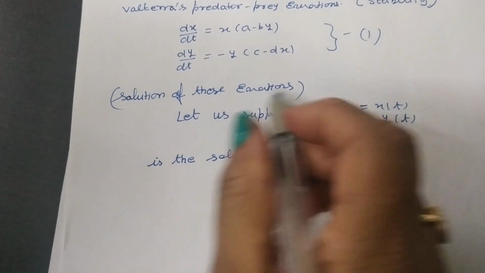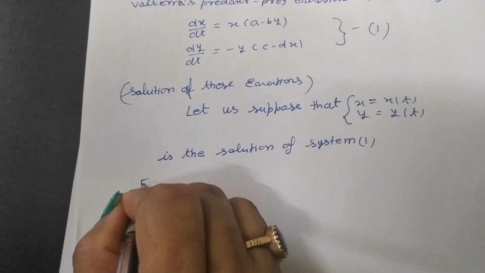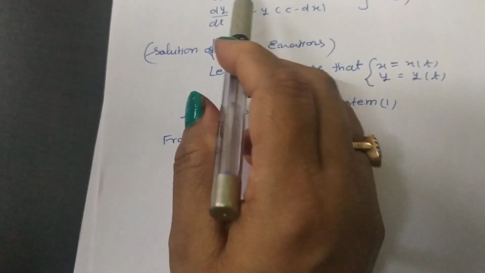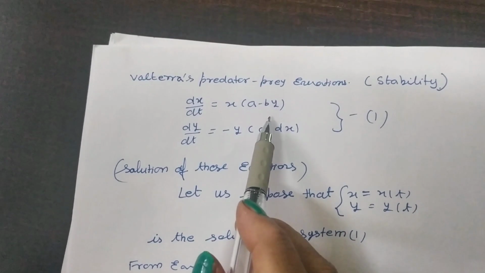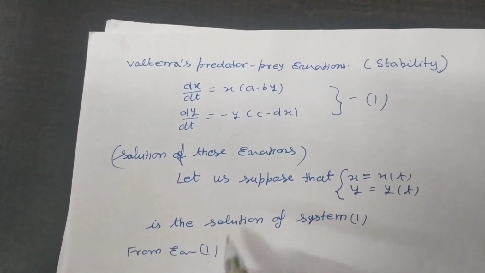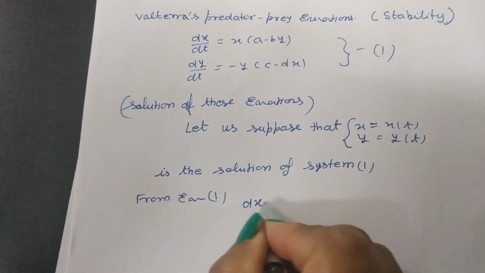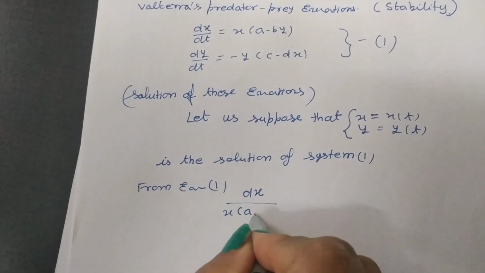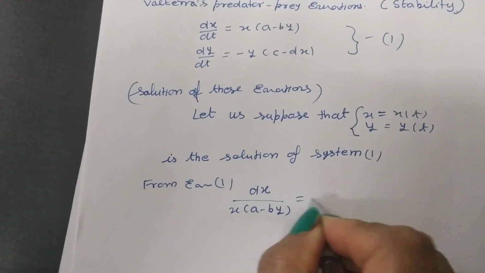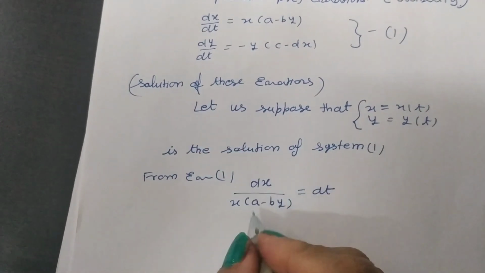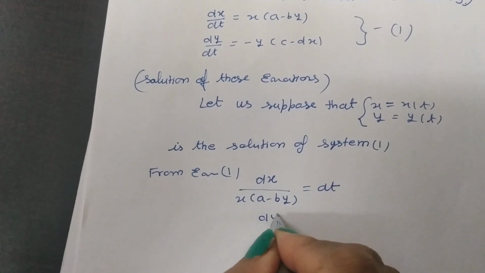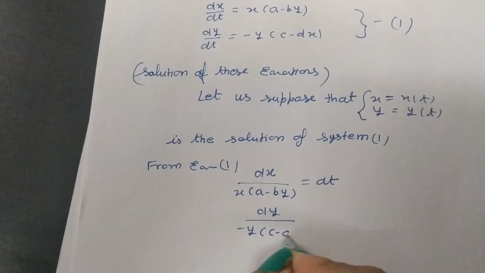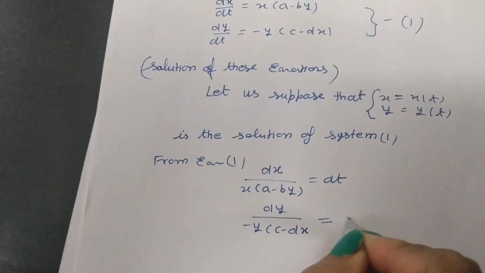Now, from equation 1, it is clear that dx by dt is equal to this one, dy by dt is equal to this thing. So dx over x(a minus by) is equal to dt, and similarly dy over y(minus c plus dx) is equal to dt.